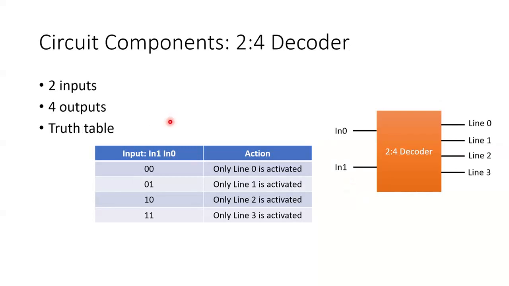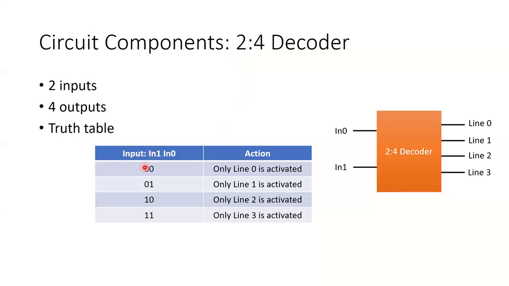Okay, so this is an important part of this lab. Before we dive into how 2:4 decoders are used to control the data flow in our register bank, let's have a quick revision of what a 2:4 decoder is. 2 represents the number of inputs, so we have 2 inputs. 4 represents the number of outputs, so we have 4 outputs.